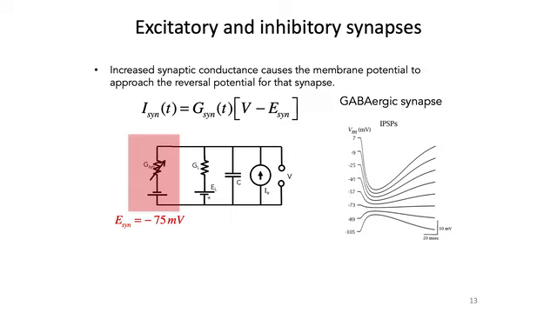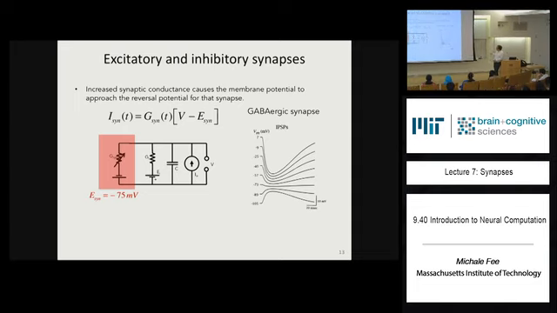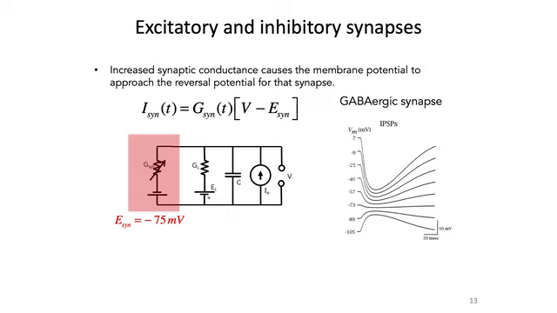Now, notice that as the cell is more and more depolarized, it's more strongly pulled, so the voltage change is bigger. If you hold the cell at -75, there's no voltage change at all from activating an inhibitory synapse. And if you hyperpolarize the cell even more, you can see that when you activate an inhibitory synapse, the voltage of the cell actually goes up.